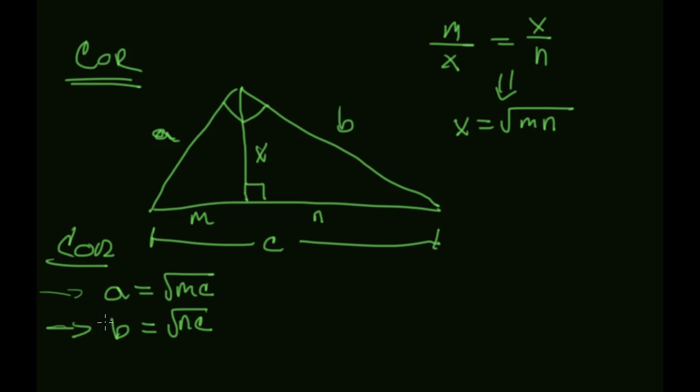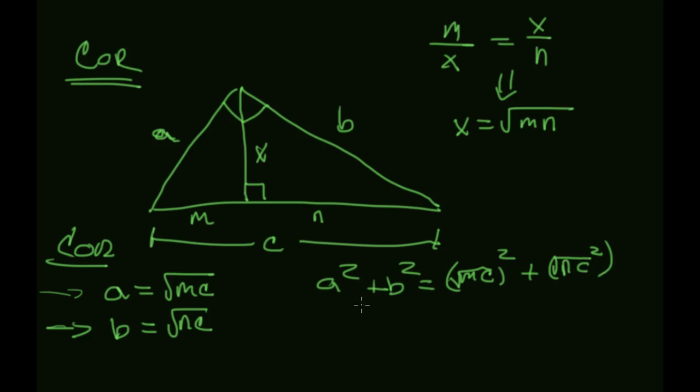Now, just a little interesting note. If you play out these statements together, something interesting happens. If I take a squared plus b squared, that should be the square root of mc squared plus the square root of nc squared.